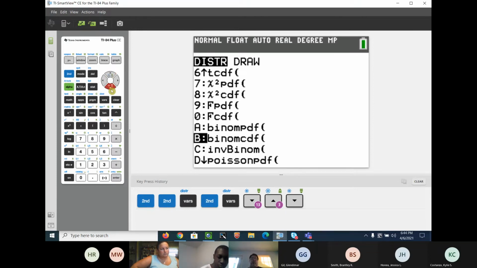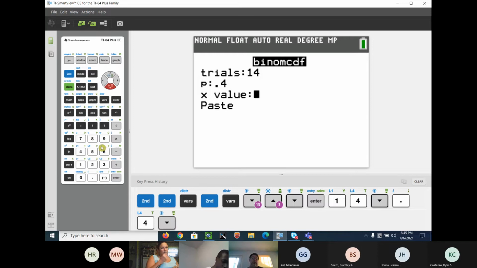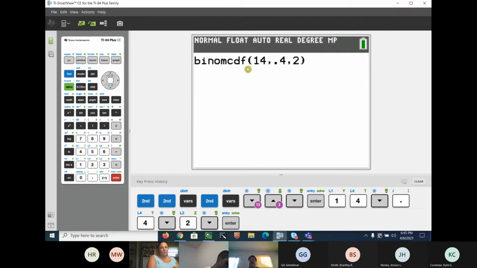Now, if you've got an older calculator, hold on and I'll tell you what the older calculator will look like. 14, comma, 0.4, and 2. If you have an older calculator, it's going to give you this parenthesis right here. And you've got to type in N, P, X in that order.